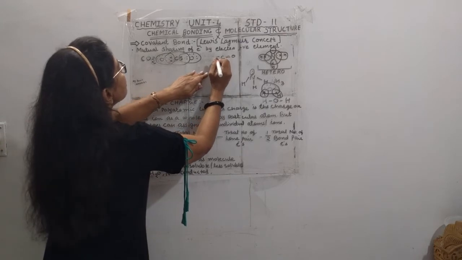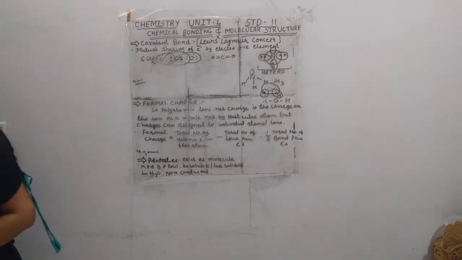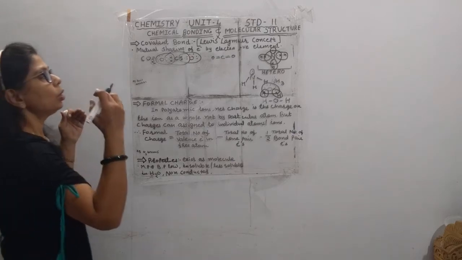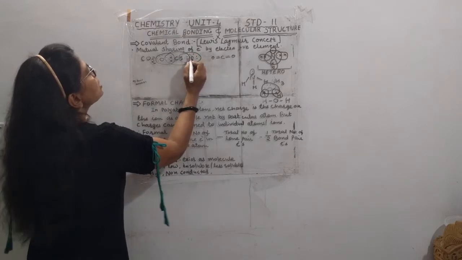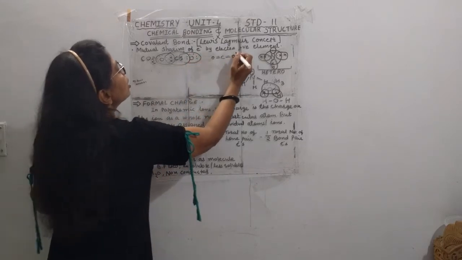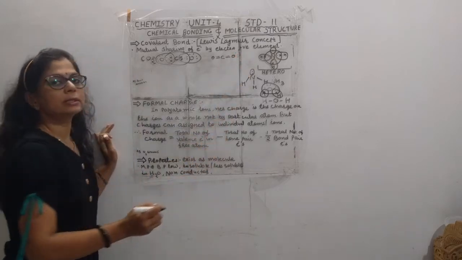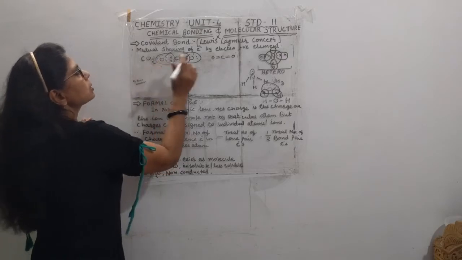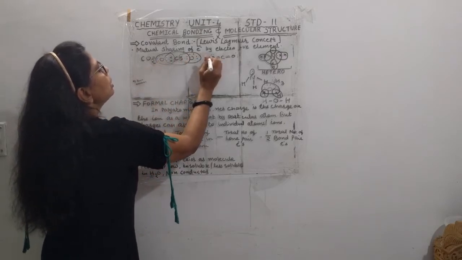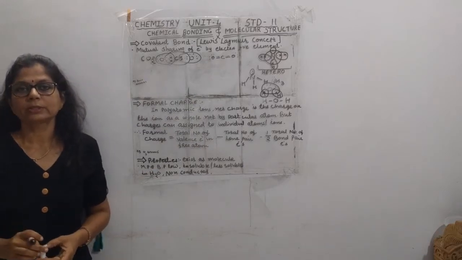So you can write C double bond O. And how many number of electron are not taken part in the bond formation? For the oxygen you can see 4 electron. So you have to show the 4 electron remaining which is not taking part for the bond formation. Same way for this oxygen also. So 1, 2, 3 and 4. This is the Lewis dot structure for CO2.